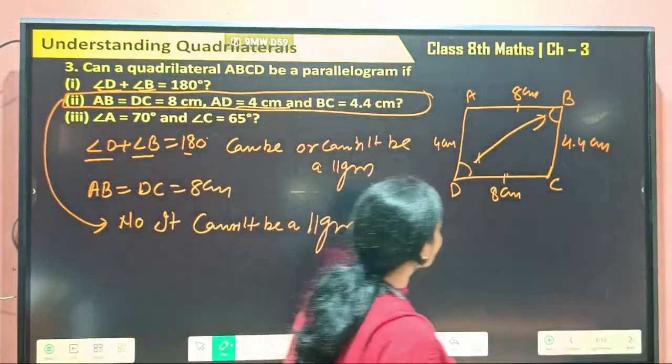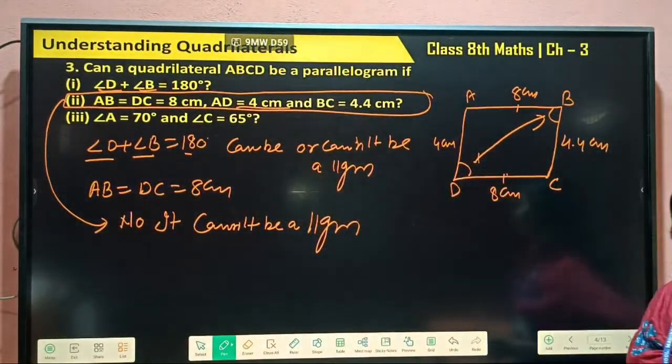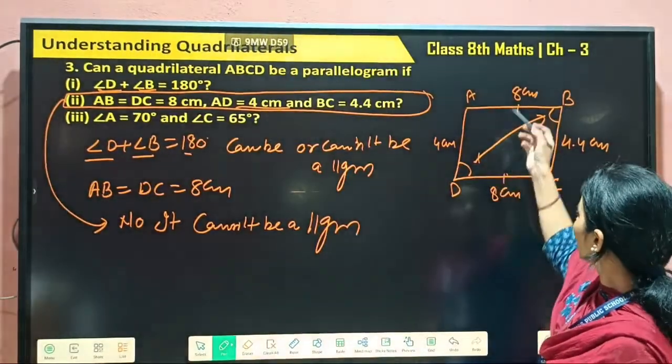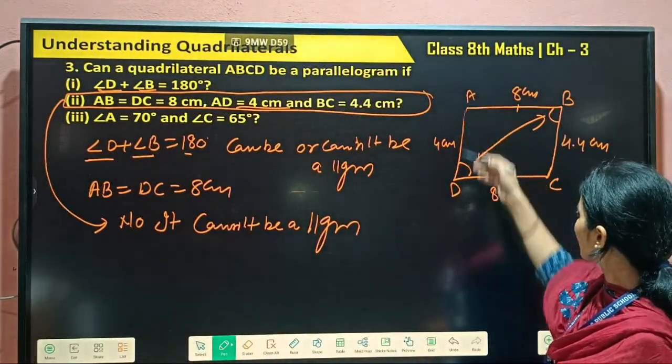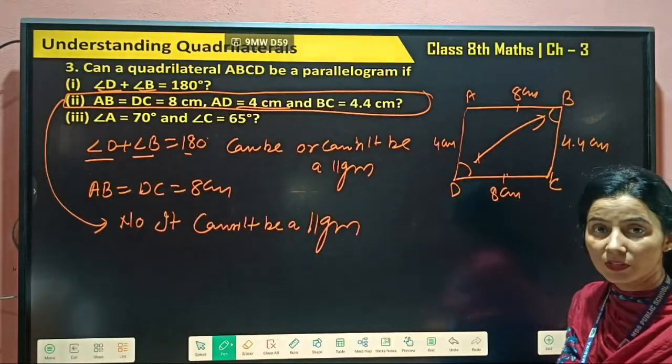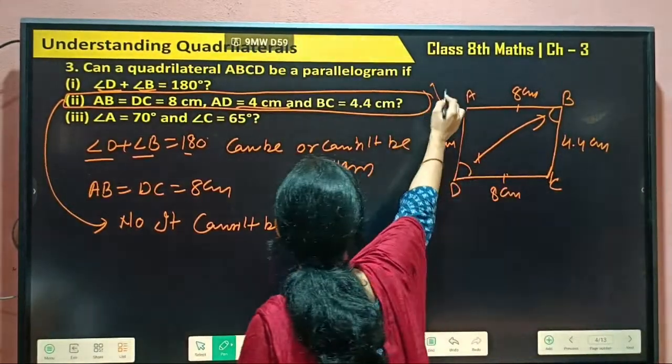The reason is, in a parallelogram, opposite sides are equal. AB equals DC, but AD is not equal to BC. So it cannot be a parallelogram.